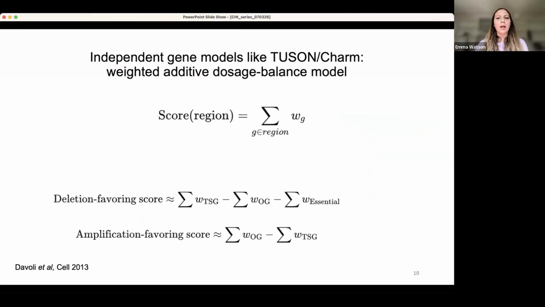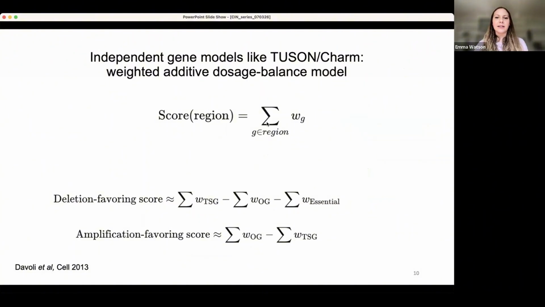So it turns out that independent gene models, like those Teresa DeVole, who's giving a lecture in this series in November, described, such as the Tucson Charm model, are weighted additive dosage balance models, which basically say the following.